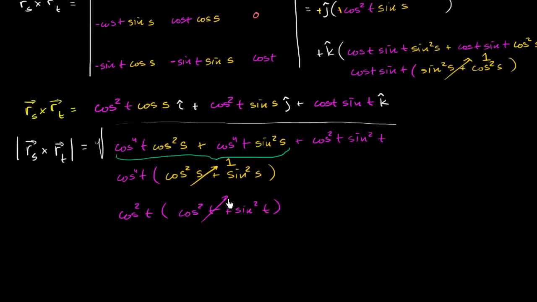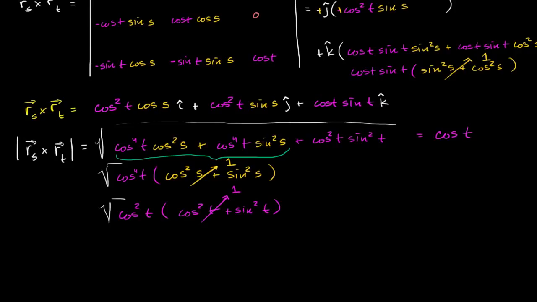And that's nice because that once again simplifies to 1. All of this is still under the radical sign. And then this is really useful for us because the square root of cosine squared of t is just going to be cosine of t. So all of that business actually finally simplified to something pretty straightforward. All of this is just going to be equal to cosine of t.